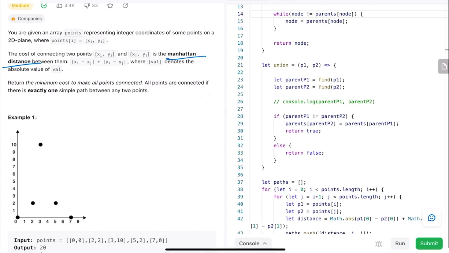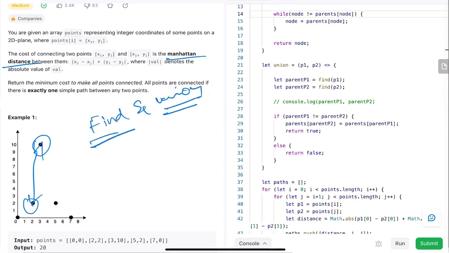This problem we can solve with two different thought processes that we have to combine. One is, in a graph algorithm, if you want to connect any two nodes, the best data structure to use is find and union.